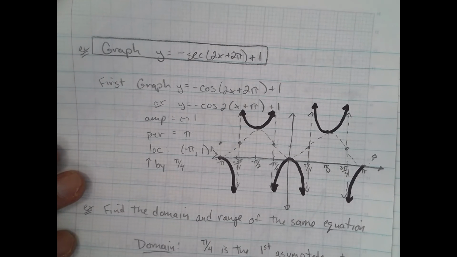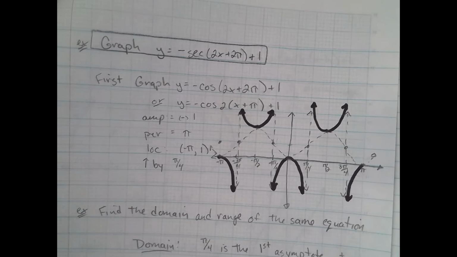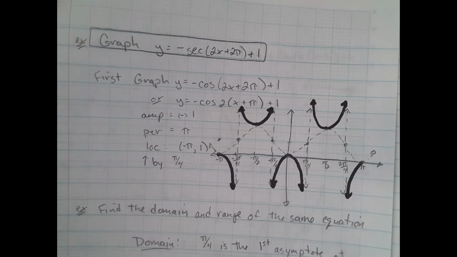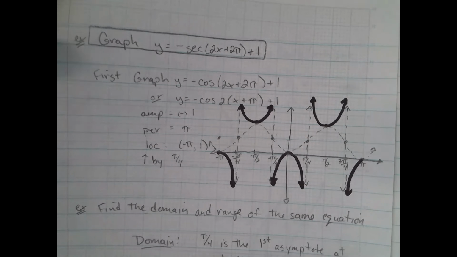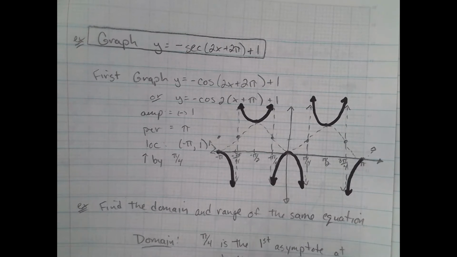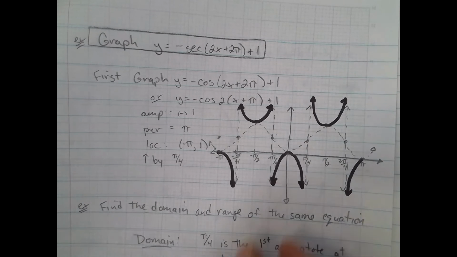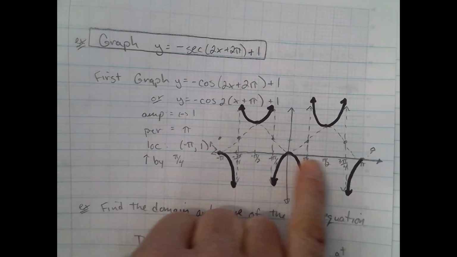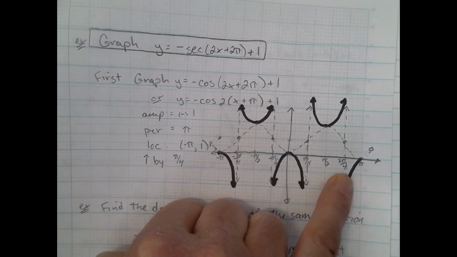So, domain, back to Keegan's question. Where is our first asymptote here after the y-axis? Where does my first asymptote occur? Pi over 4, very good. So when we do the domain, it's going to be all real numbers, x not equal to pi over 4. And then how often do they occur? We have to figure out how far that is. We could just take the bigger one minus the smaller one.